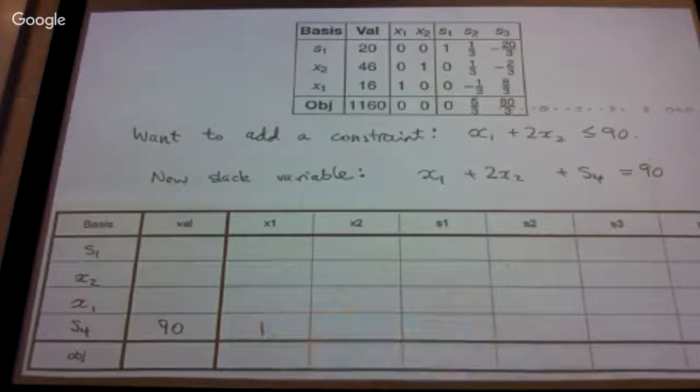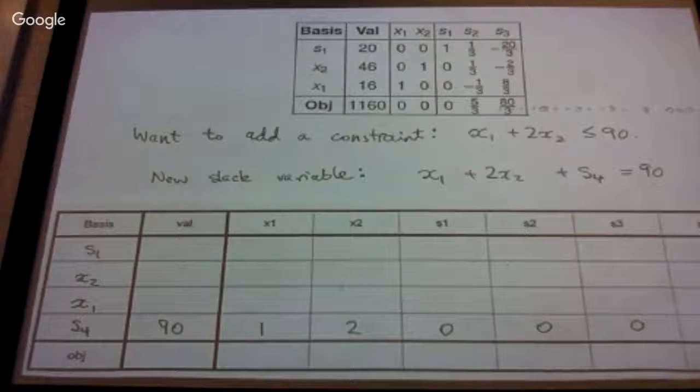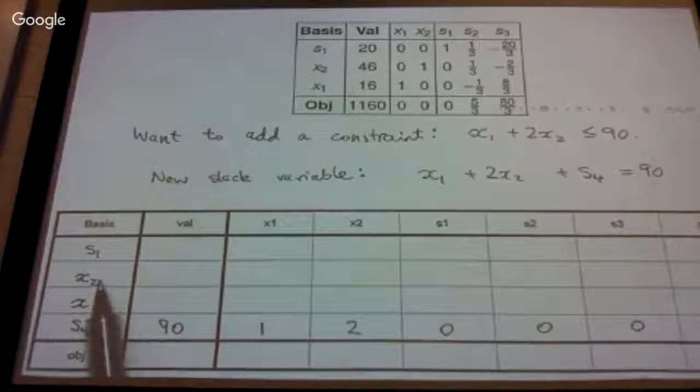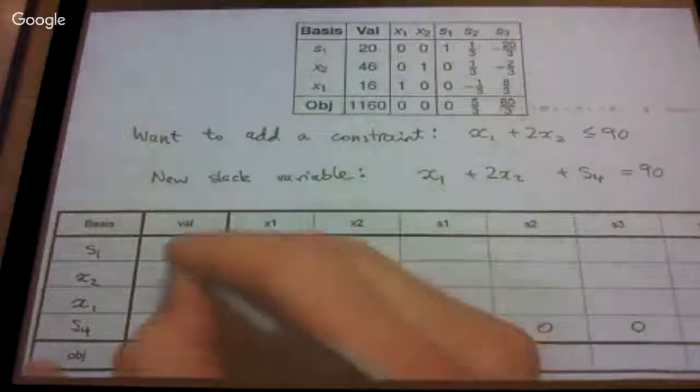There's 1x1, there's 2x2, no s1, no s2, no s3, and there's 1x4. Okay, so I'll just write it like this. Now, we know that x2 is in the basis and x1 is in the basis, so I can't have 1 and 2 here, but for the moment, I'll just keep it there. And all the other ones just correspond to equations, so they're going to stay the same.